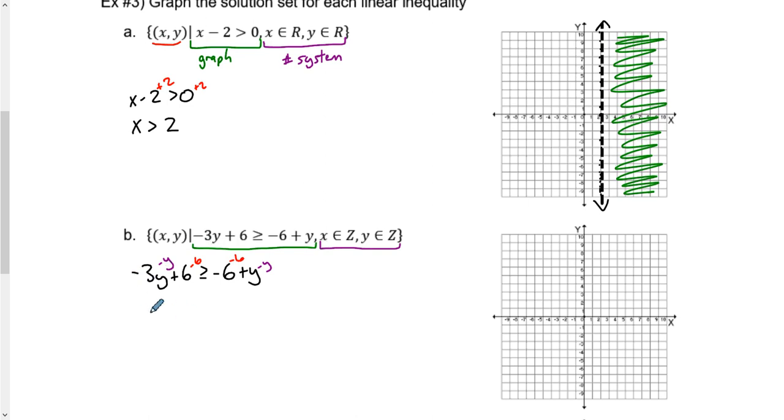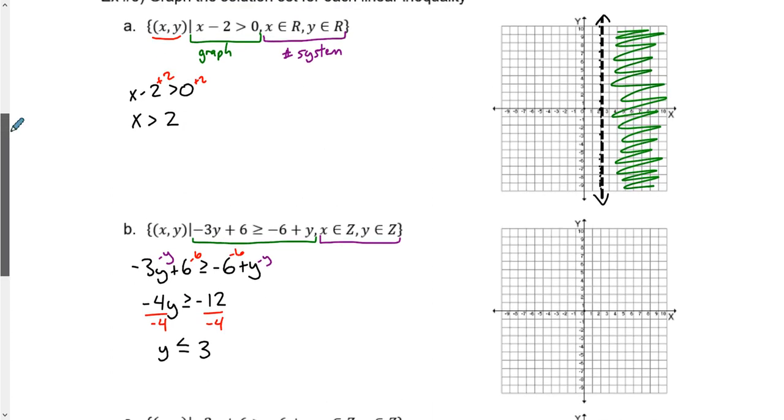Negative 3y subtract y is negative 4y greater than or equal to, and negative 6 subtract 6 is negative 12. Next step, divide by negative 4. Oh, I divided by a negative, meaning I need to switch my sign. So our y's are going to be less than or equal to 3.